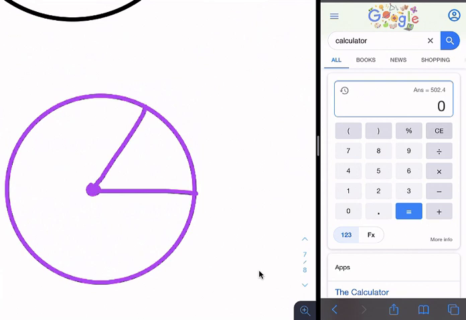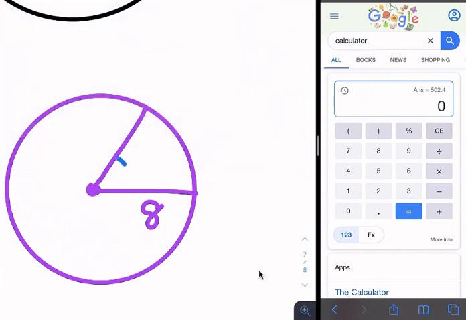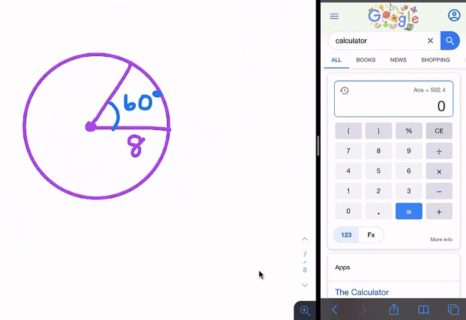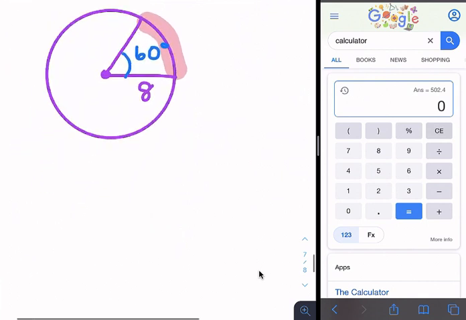My radius is going to be 8. And I am going to be looking for 60 degrees. So this is 60 degrees of the entire circle. So we're looking for that arc length right there. So we first of all need to know the circumference.